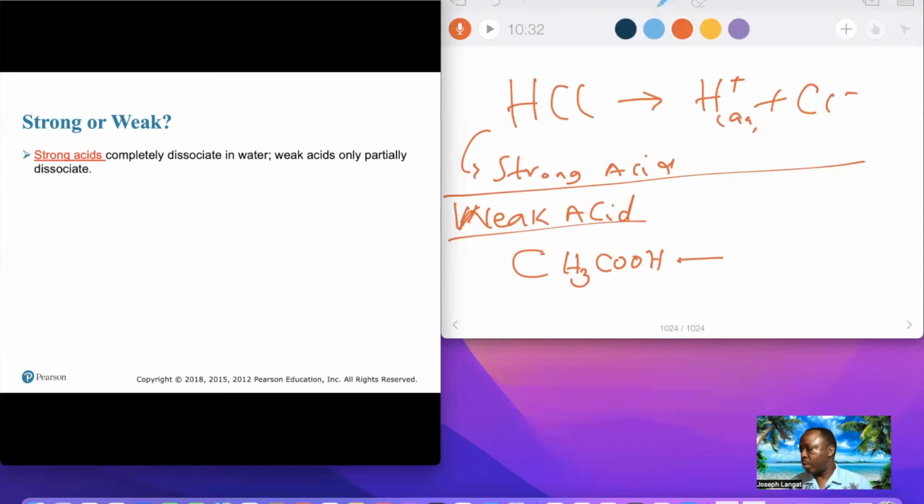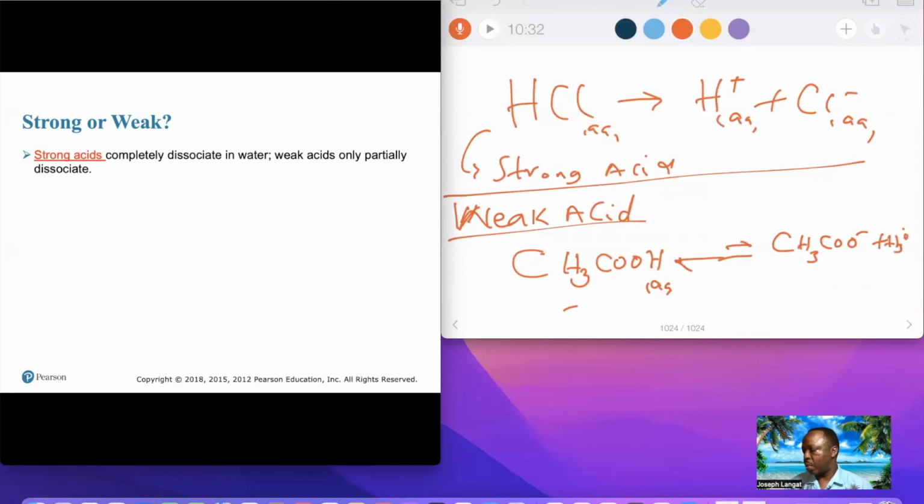It doesn't want to go to the product side. See the double arrows. It is pointing predominantly towards the reagent. So here we have this aqueous, and this is aqueous. It will just give the acetate ion, CH3COO negative, plus hydronium ion.